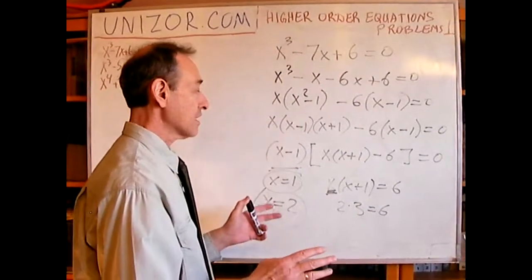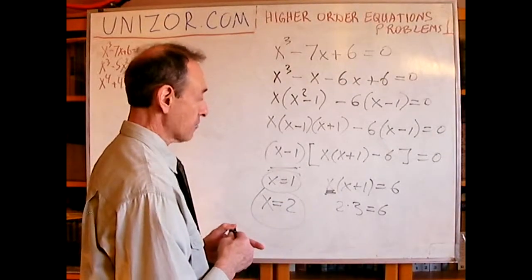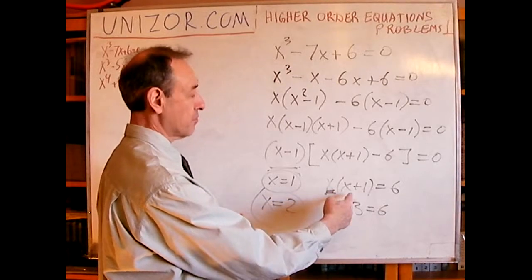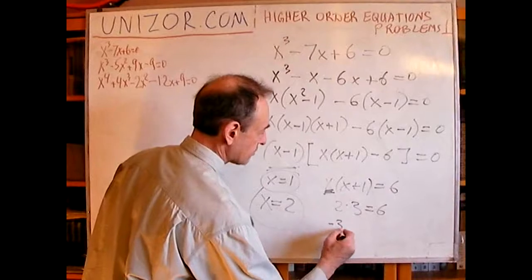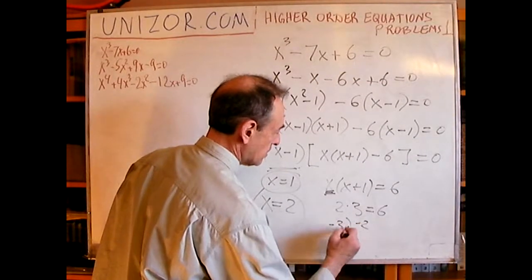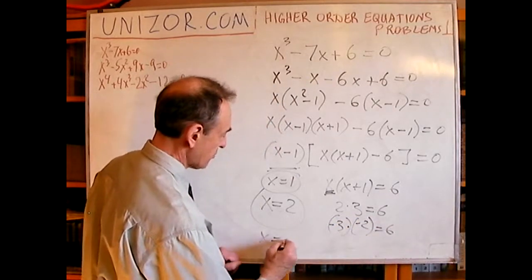So my question is, are there any other solutions? Well, obviously others are when one of these is equal to minus 3 and another is equal to plus 3. So minus 3 times minus 2 also equals 6. So x is equal to minus 3.